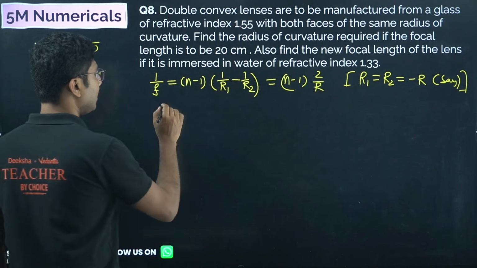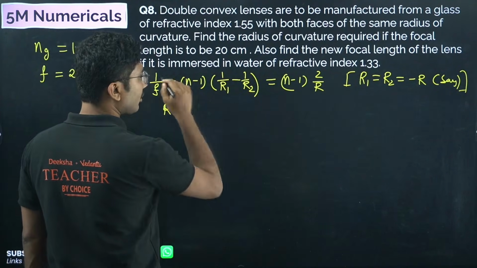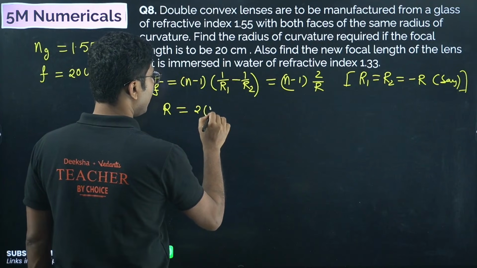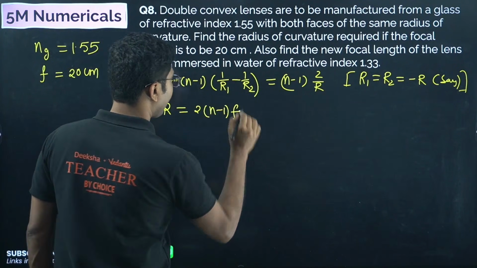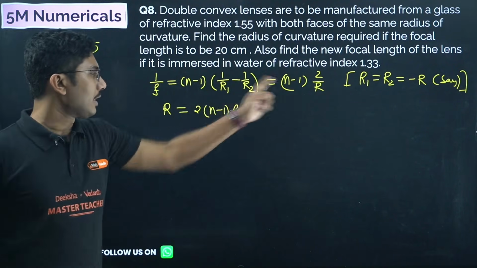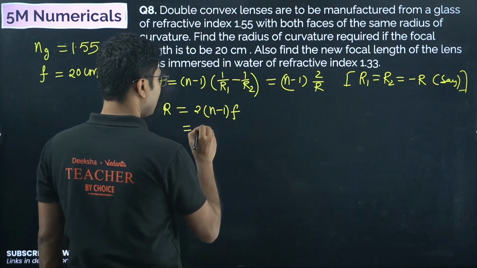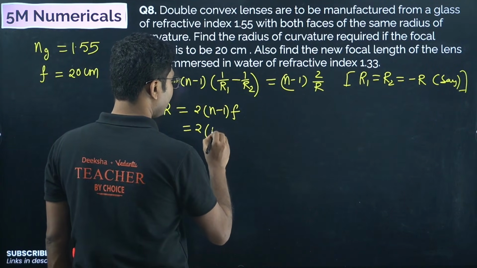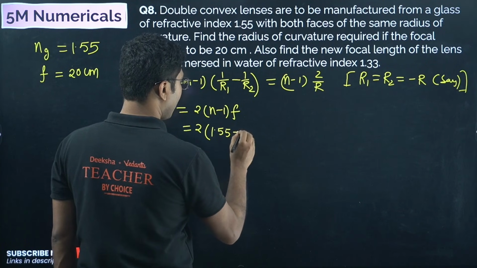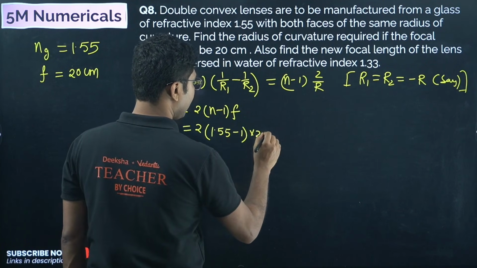So do the cross multiplication, we get r equals 2 into n minus 1 into f. Now n minus 1 is 1.55 minus 1, and f is 20.